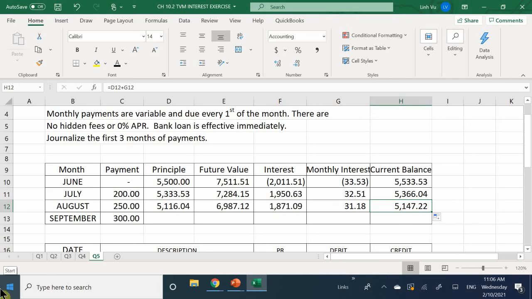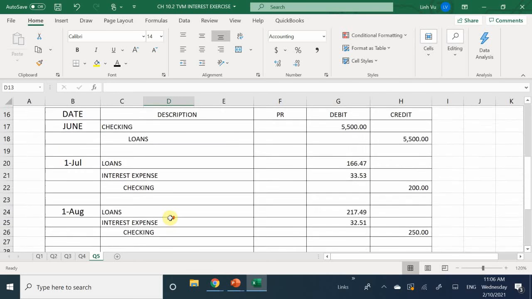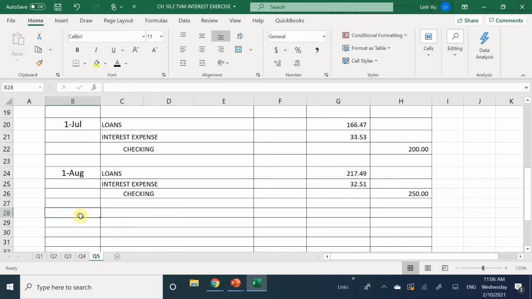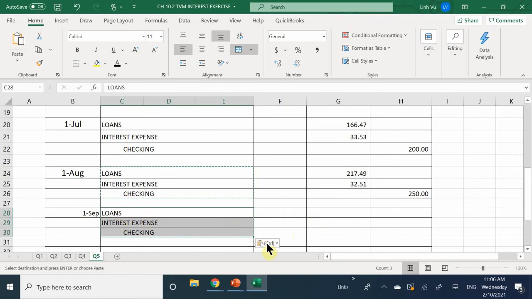So then when September rolls around, we decided to pay $300. So September 1st. Again, same thing. You're going to journalize it the same exact way. This time we're making a $300 payment.